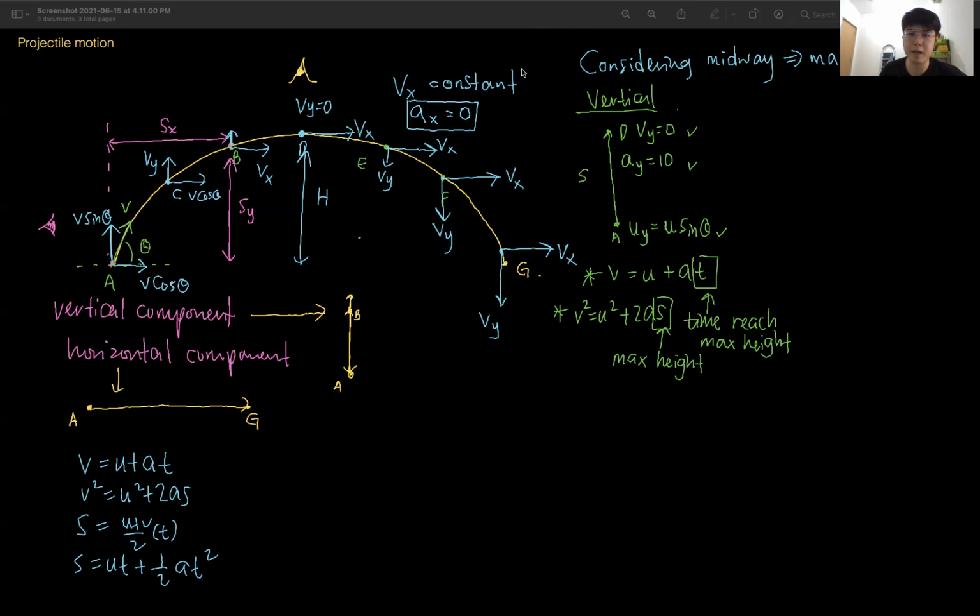Now, here I change to horizontal. If I analyze from the horizontal component, then what do I see? I see that it goes from A to where? To D first, right? To the midway, the midpoint. Okay, what is the initial velocity? This is U, now it is cos theta. I'm not seeing the V anymore. I see the U cos theta.